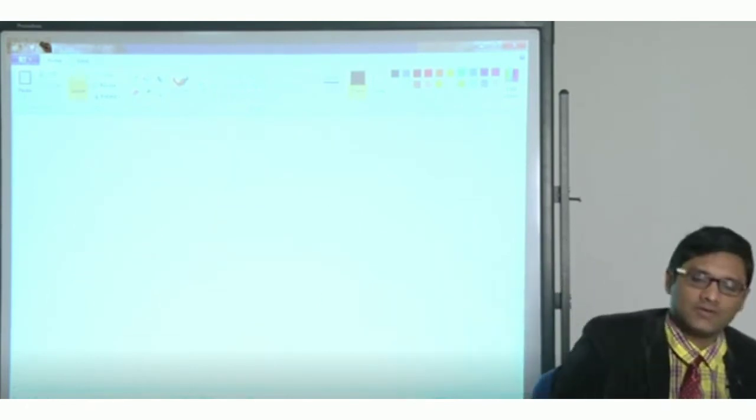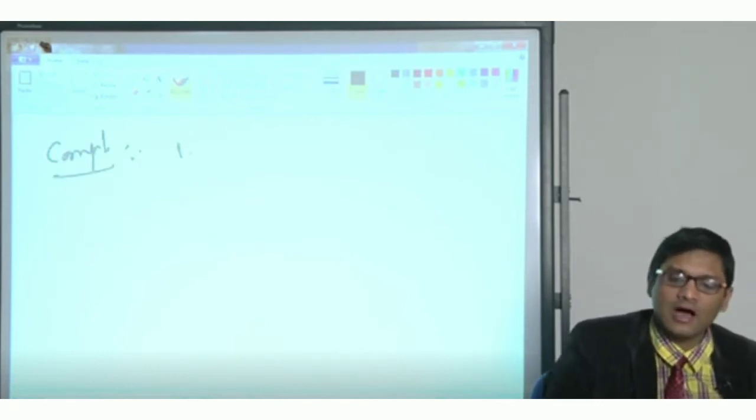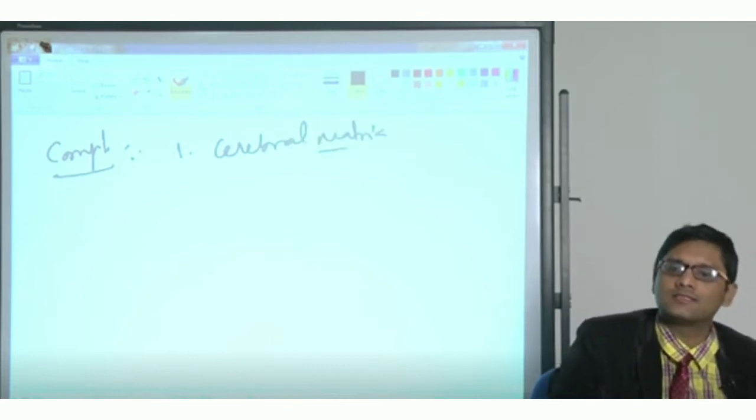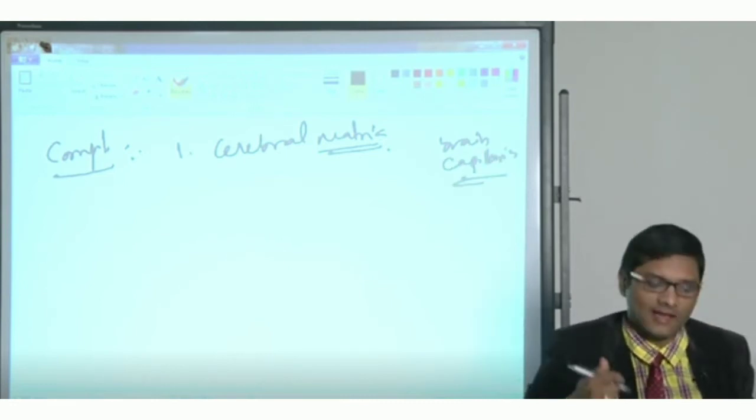The various complications seen in malignant tertian malaria include cerebral malaria. Why does cerebral malaria take place? Because the brain capillaries are occluded, leading to cerebral anoxia.